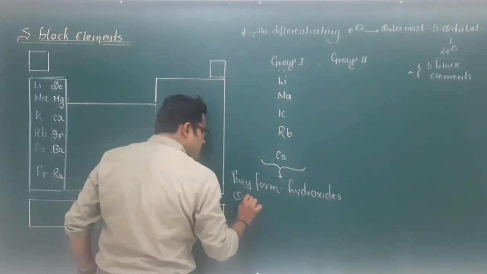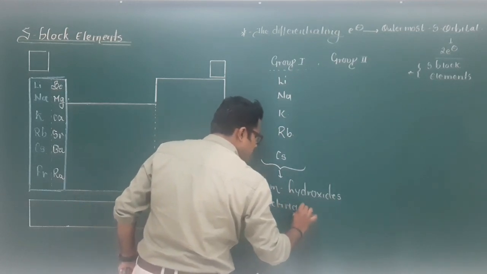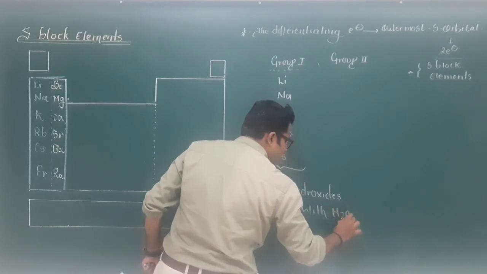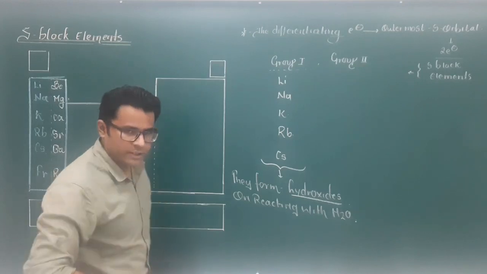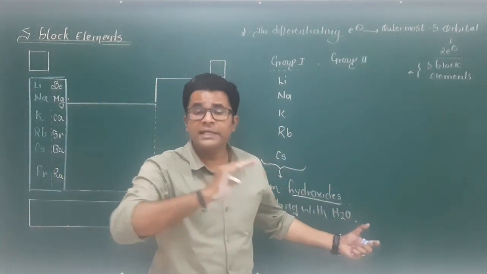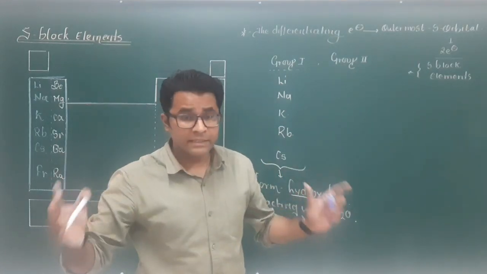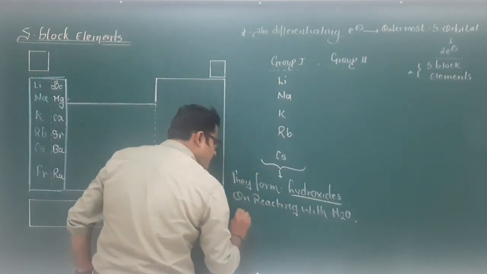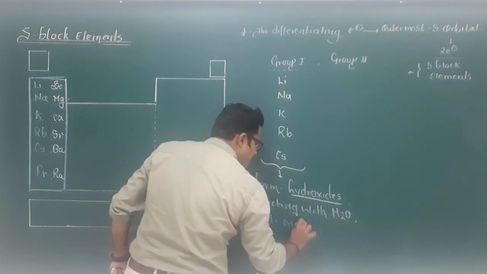As they form hydroxides on reaction with water, the solution we get is strongly alkaline, or in simple terms strongly basic in nature, due to which we call them alkali metals.